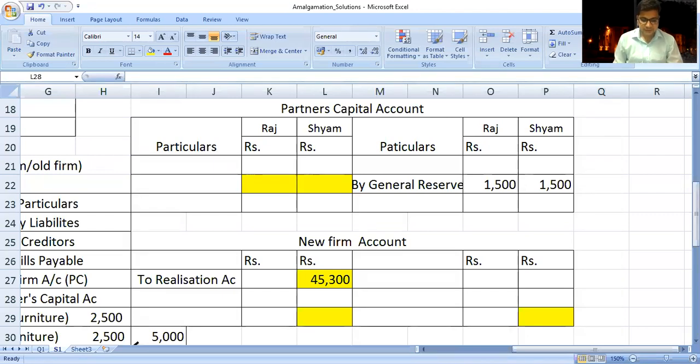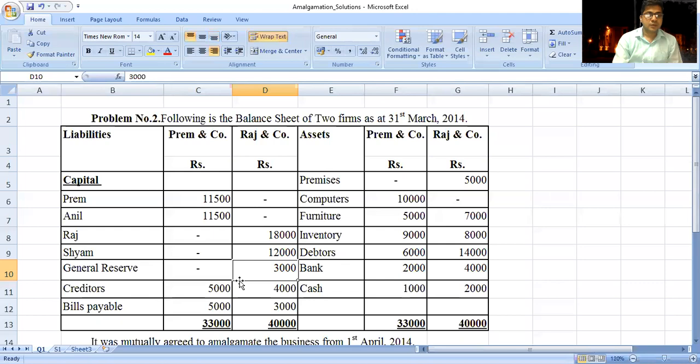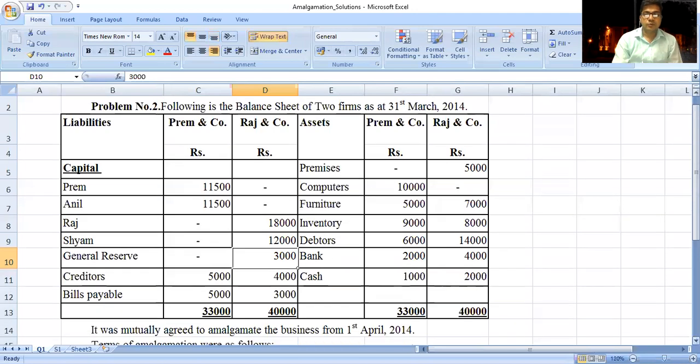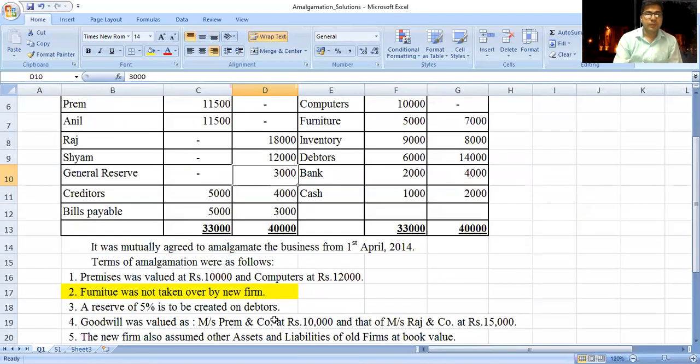Then next general entry, assets taken over by the old partners. Whenever the firm is not interested to take assets, that time it is taken over by the partner.